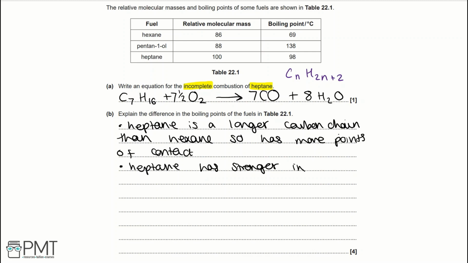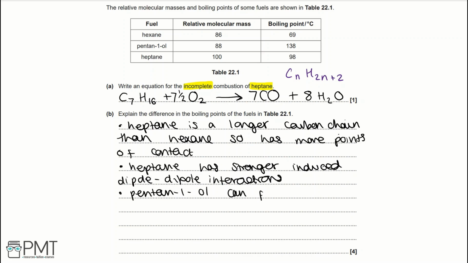And then our third marking point is that pentan-1-ol can form hydrogen bonds, which are stronger than induced dipole-dipole interactions, because more energy is required to break hydrogen bonds over induced dipole-dipole interactions. So to get the 4 marks for this question, there are 4 bullet points that I'm writing here, and each of these is a marking point.